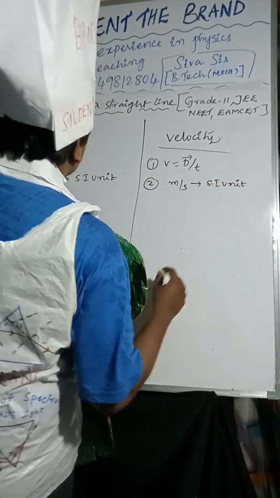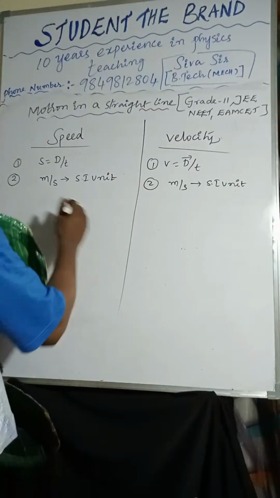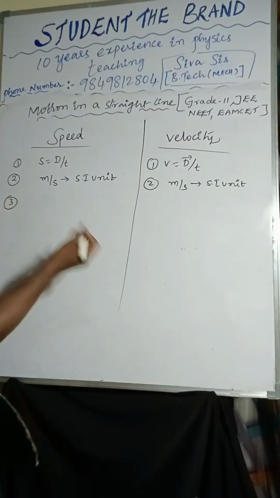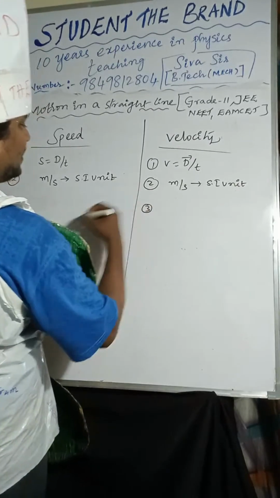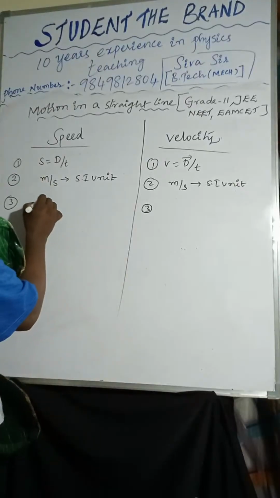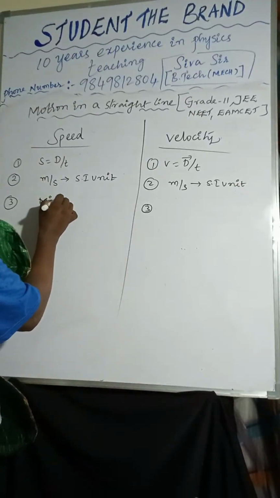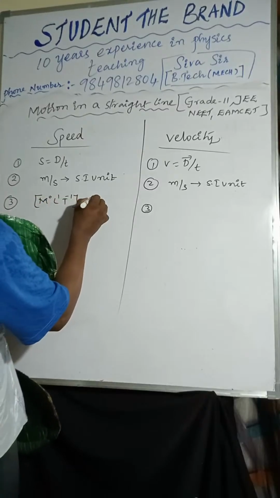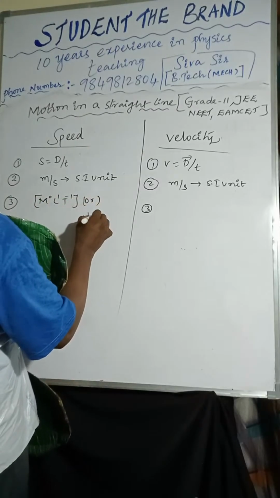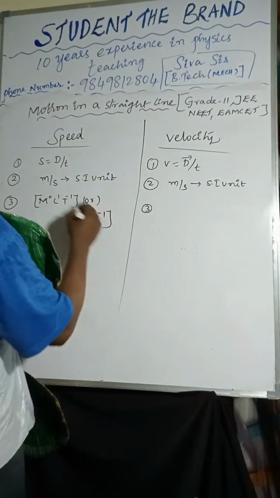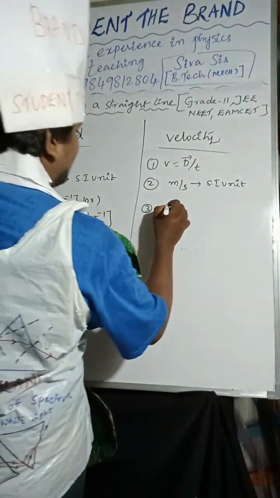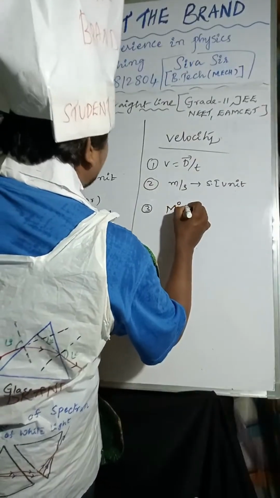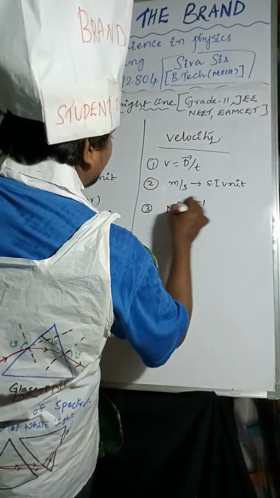Dimension formula is very important for any physical quantity. Here it is M power 0, L power 1, T power minus 1. Either way, we can take L power 1, T power minus 1. For velocity also the same dimension formula, M power 0, L power 1, T power minus 1.